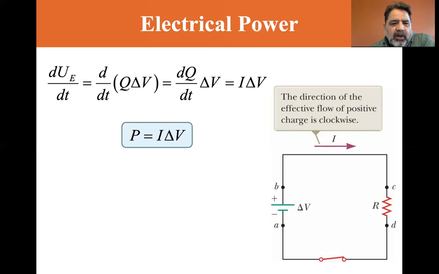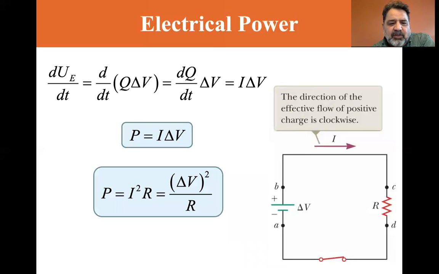Now, if you recall from Ohm's law, I is equal to delta V over R. So power can also be expressed as delta V squared over R, or if you consider delta V is equal to I times R, then power is equal to I squared R, and that's what we have here.